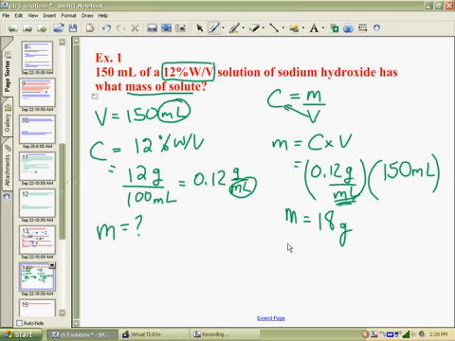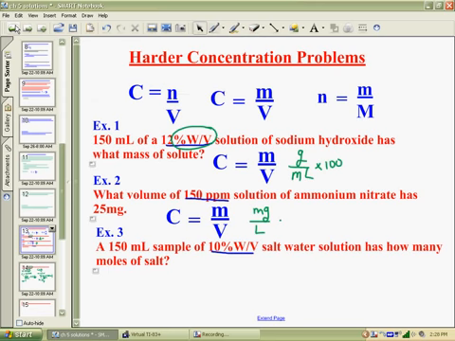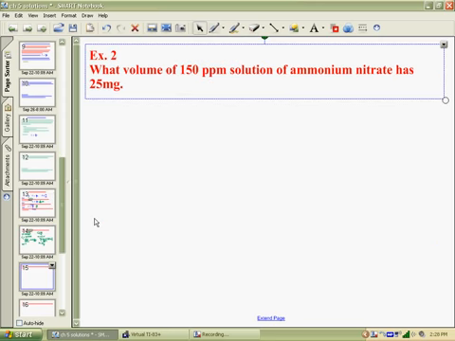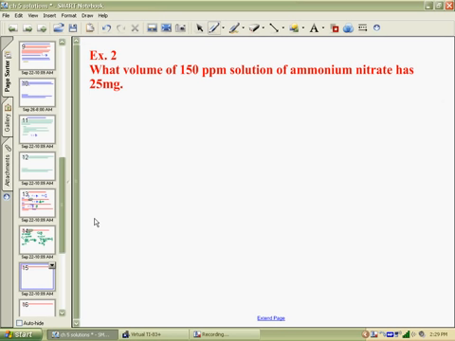So we'll go back and take a look at example number 2, which says what volume of 150 parts per million solution, this is our concentration. Concentration is 150 ppm. The question wants to know what volume, so that's our question, has 25 milligrams, that is a mass.